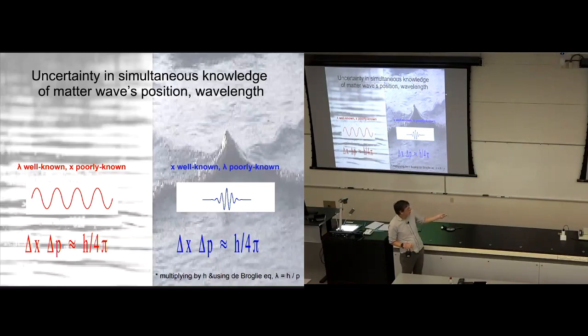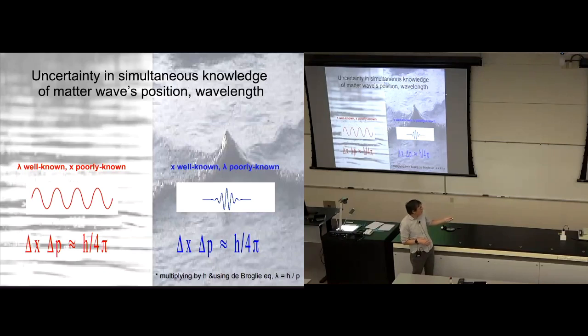So 1 over lambda becomes Planck's constant over lambda, which is the momentum of the electron matter wave. So just by multiplying the last equation by Planck's constant, it morphs that everyday wave equation result about your ability to know wavelengths and positions into this new principle for quantum matter waves that says how well you can know the position of the matter wave and simultaneously know the momentum of the matter wave.